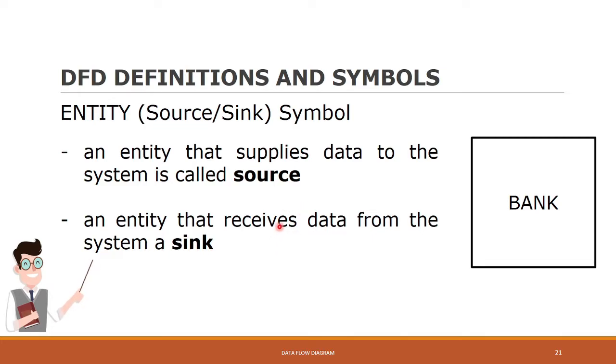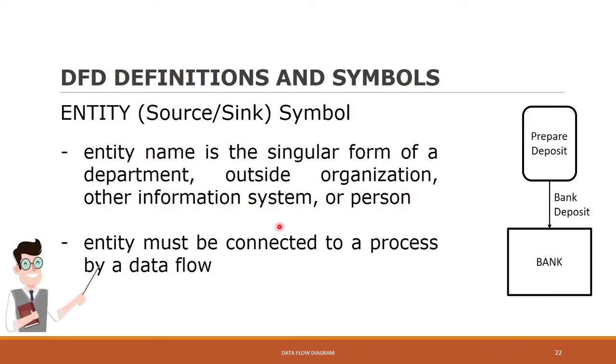An entity name is the singular form of a department, an outside organization, another information system, or a person. So let us say here your entity is the bank. This is an example of your entity symbol.